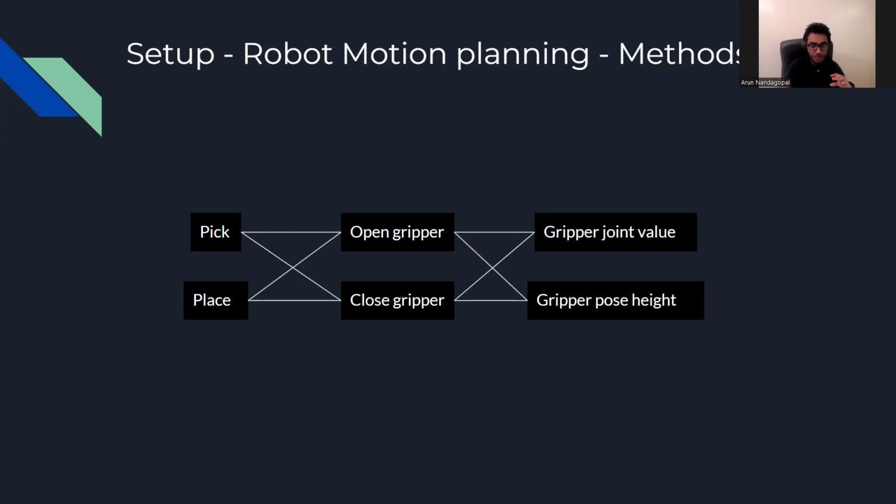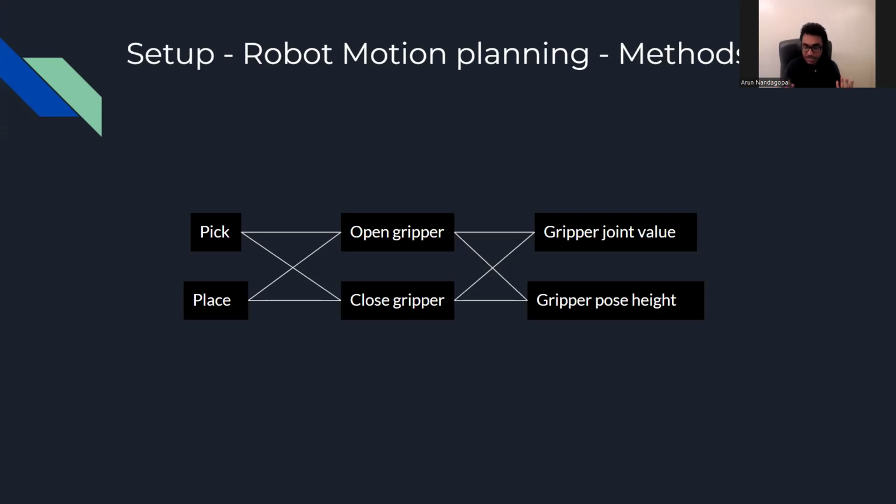And then we have an abstraction of open gripper and close gripper, and we also need a function which tells you what the joint value should be given the particular piece you want to move, and what height the gripper has to be for that piece. For example, for a king, you need to pick it up a little higher compared to a pawn. So that's the difference for two different pieces.